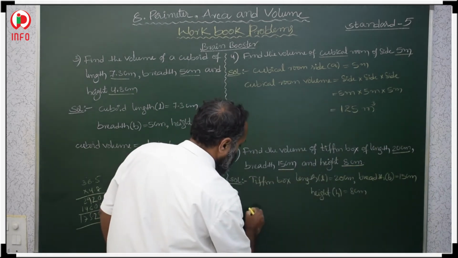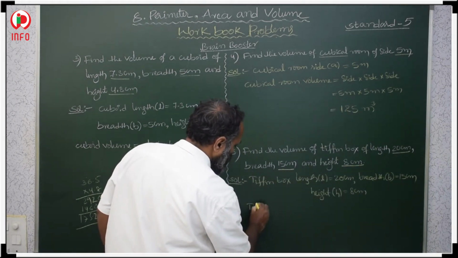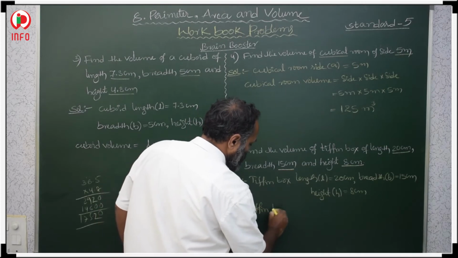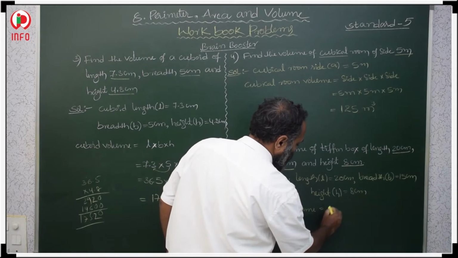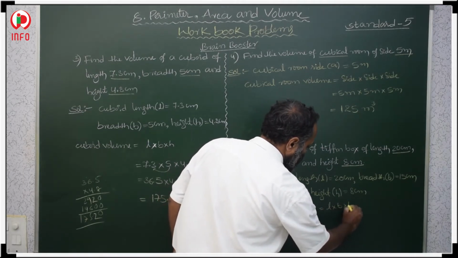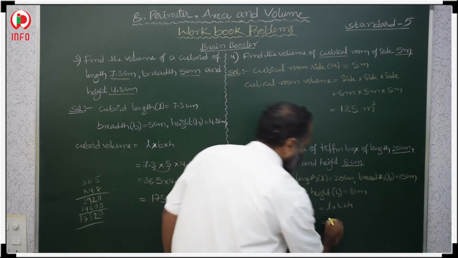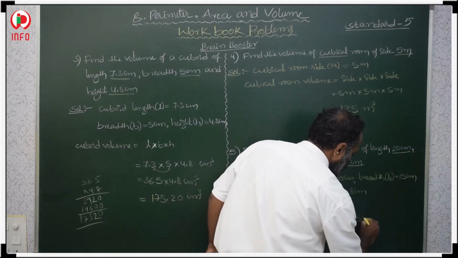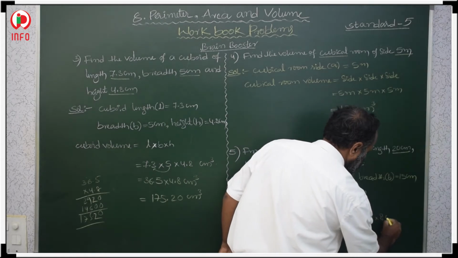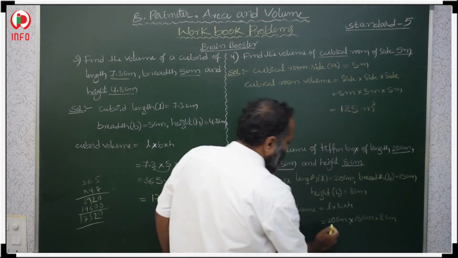Then the tiffin box volume is equal to length into breadth into height. What is the length here? 20 centimeters, breadth 15 centimeters and height 8 centimeters.